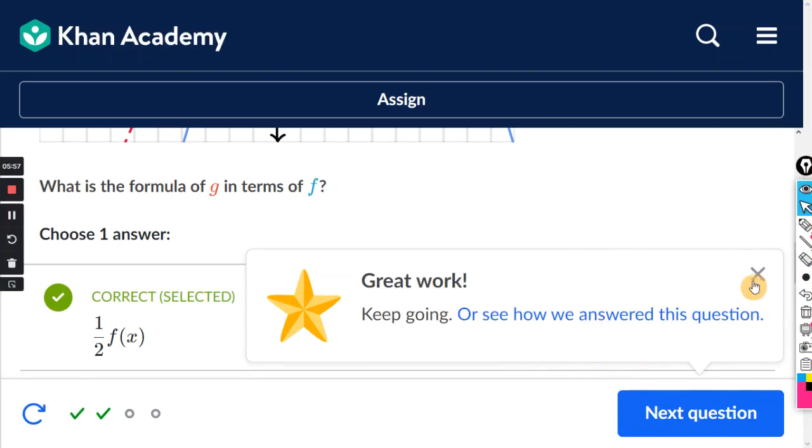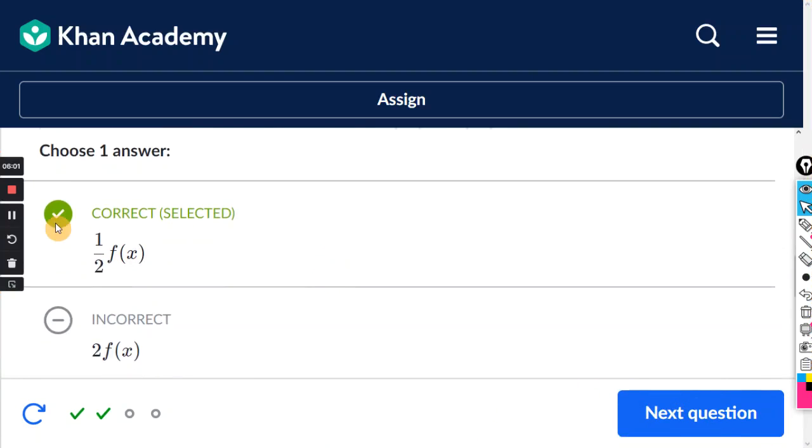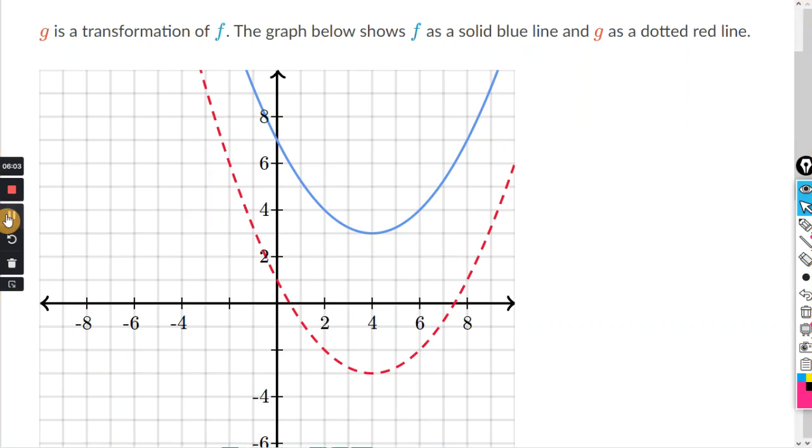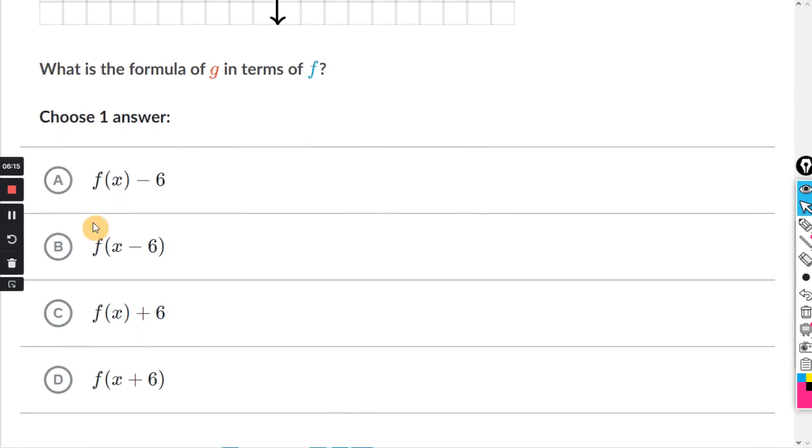All right, you really have to look through your notes that I made for the other exercises on these. Once again, blue is the original, red dotted line is the transformation. Okay, f is the original, g is the transformation. What is g in terms of f? All right, on A and C, we're adding or subtracting 6.